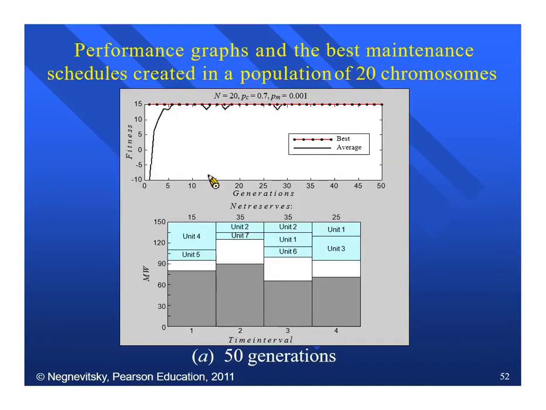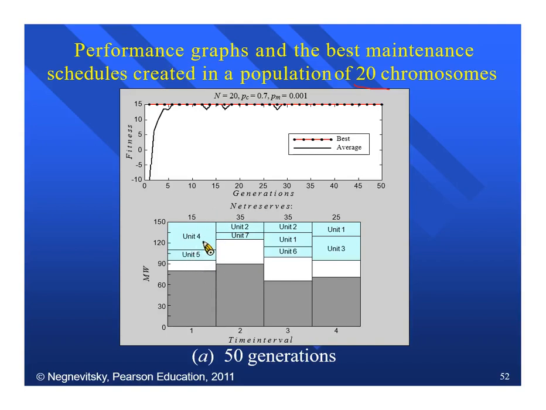So based on this, the performance graph and the best maintenance schedule are created in a population of 20 chromosomes. So the red line is the best. And our program can run based on this, with 20 chromosomes. Each node has one output, and one output has a combination.